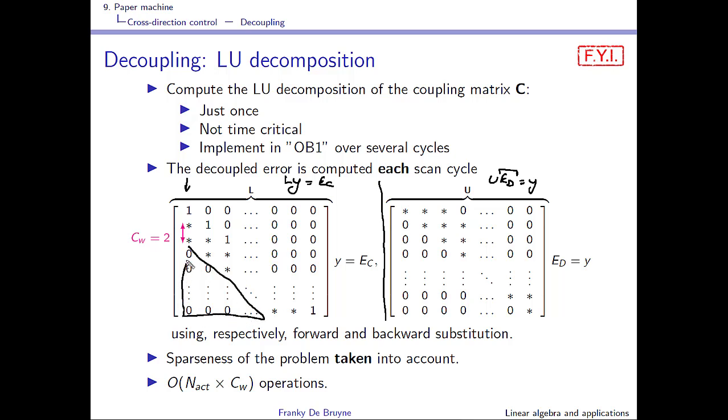You take the sparseness of the problem into account. When you have computed your y, you have this second system of equations, and again you have something that is easy because U is upper triangular, and again you'll have lots of zeros. So you take the sparseness into account, and here you'll use backward substitution.